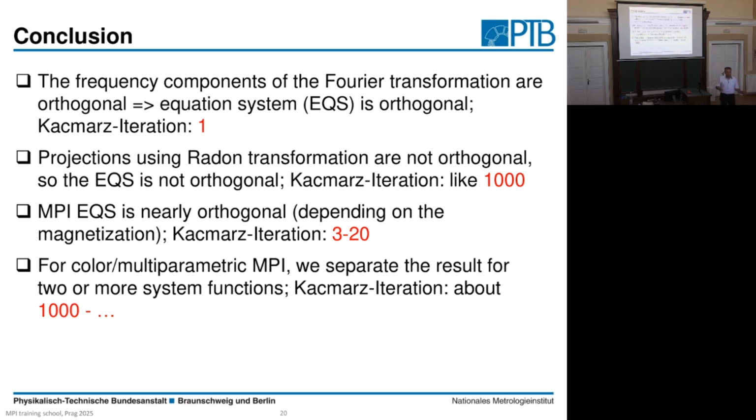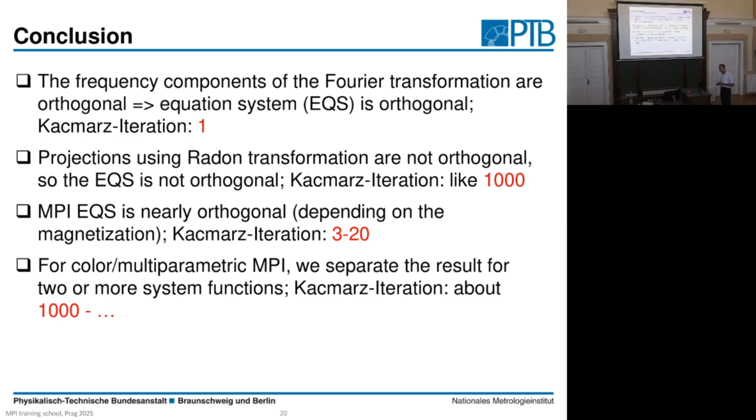To say a number, I have written here 1,000, it can be more or less, something around this. Depending on the magnetization, how strong this step is, you need few iterations in MPI.